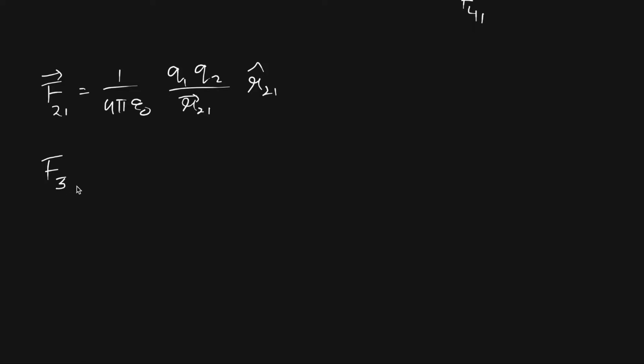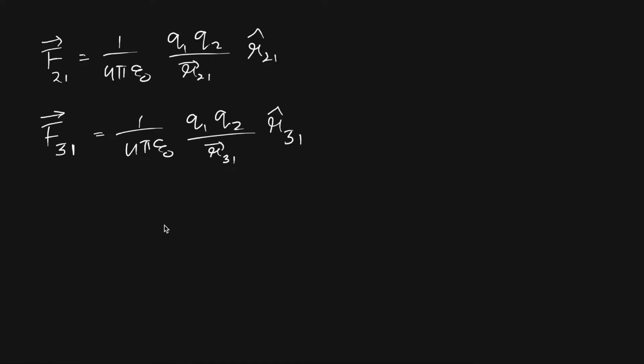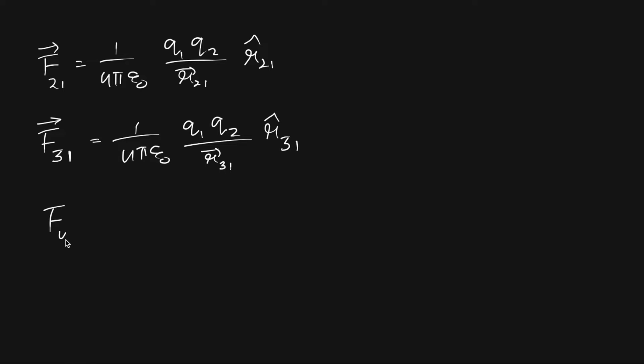Similarly, I can write the F31 vector, the force on the charge q1 due to the charge q3, as q1 q3 by r31 squared times the r31 unit vector, and again the F41 vector, 1 by 4 pi epsilon naught q1 q4 by r41 squared.